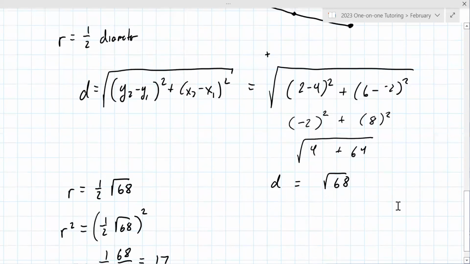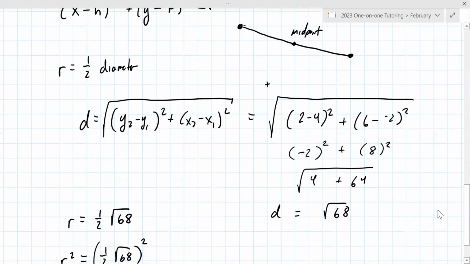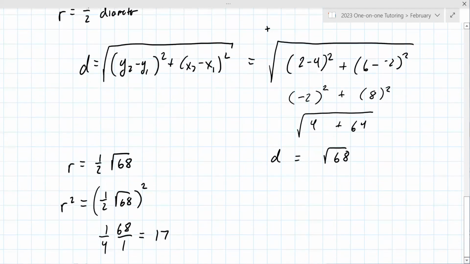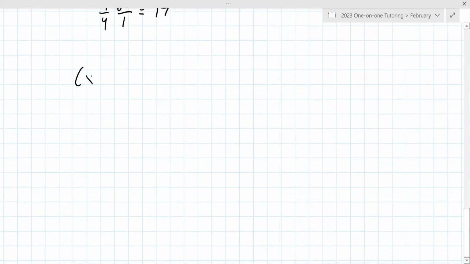We're going to rewrite the equation with the values of 2 and 3. So we get x minus 2 squared plus y minus 3 squared equals 17. Now, if you look at the answer, it says to write it out in this form where you foil and combine like terms.